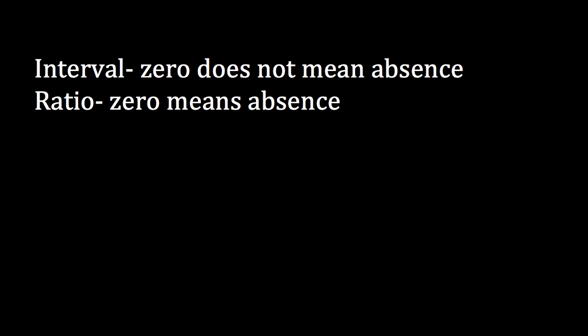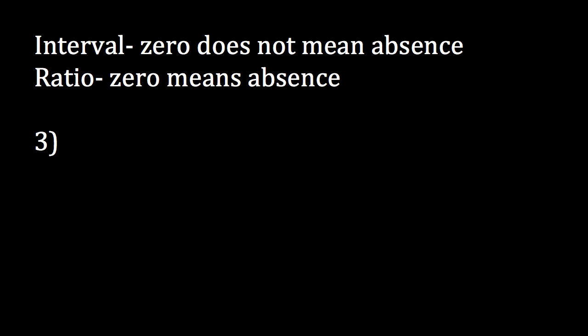The way that I remember this is that there is an O in the word ratio, we see right here, so that means 0 means absence. That's just how I remember it. However, when we are choosing the statistical test, usually we don't have to differentiate between the two. Usually we need to just know if it's continuous data or not. So either one of those would be okay.